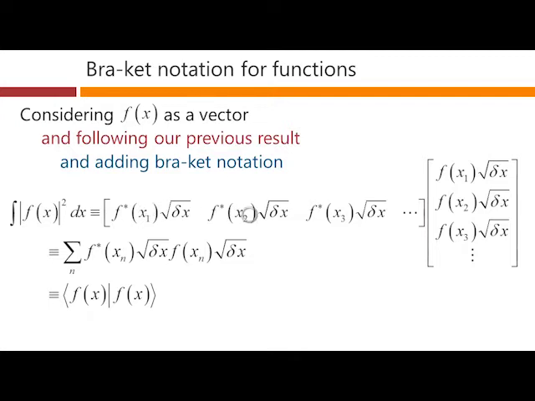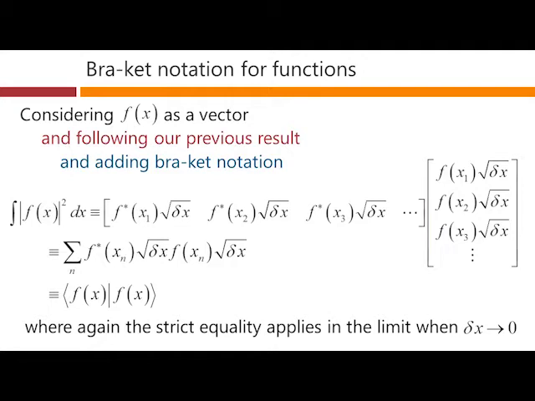Of course, we can write out this product here as a summation of each of these values, f star of xn times f of xn, and we've got our root delta x's in here to keep the normalization correct, and summing over n. But in the bra-ket notation, we simply write that as this object here with the ket vector on the right and the bra vector on the left.